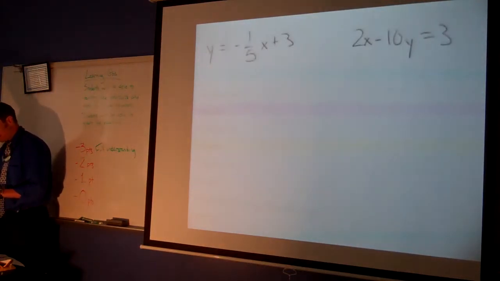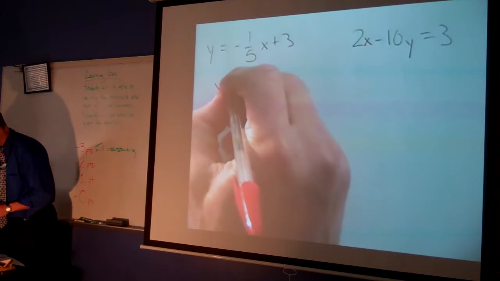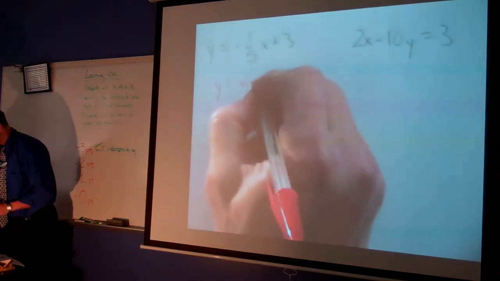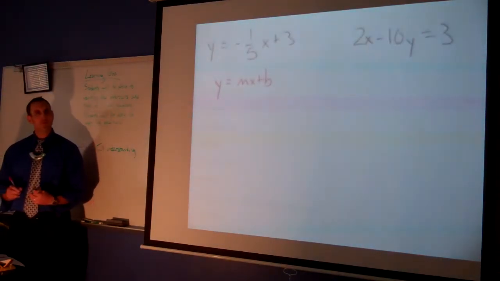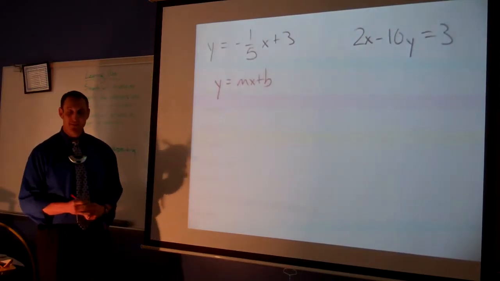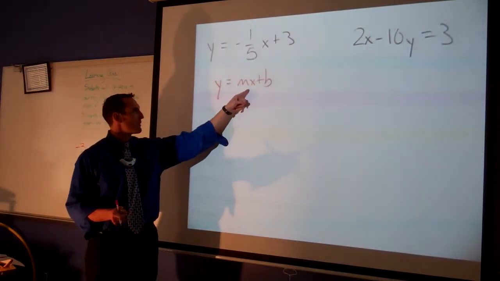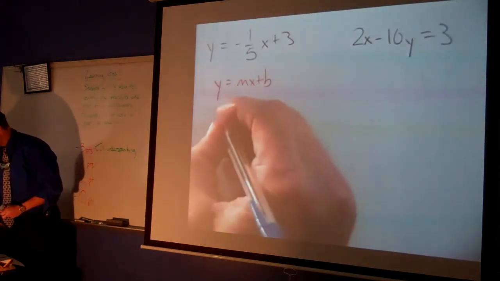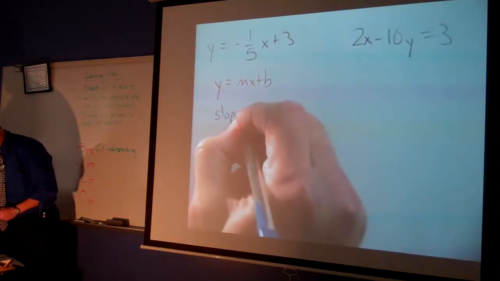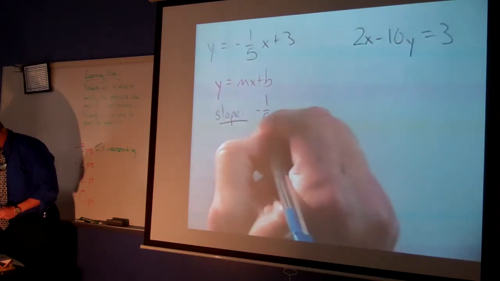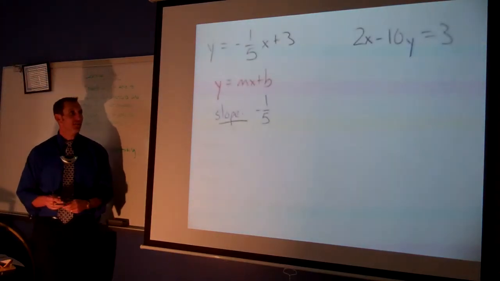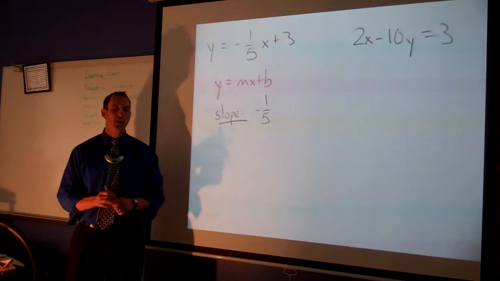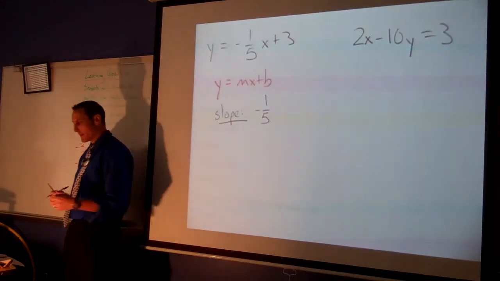So we have to find the slope of each line. The first equation follows the format y equals mx plus b. Very easy to see that the slope in the first equation is negative 1/5. Using our newly found shortcut for the second equation, we can still solve for y.